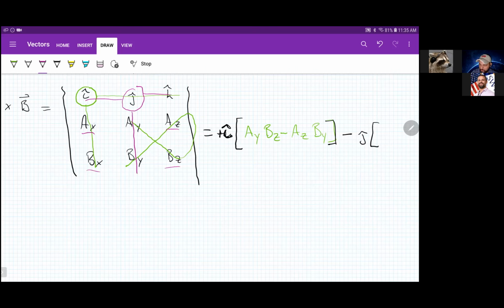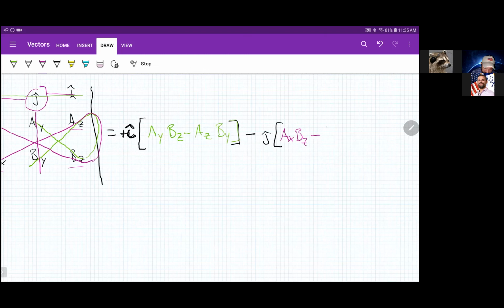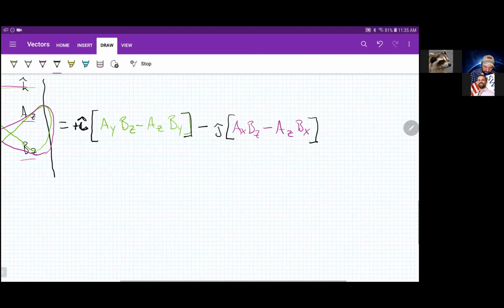We start on the upper left, AX times BZ, and we loop up, and then AZ times BX. So it's going to be minus AZ times BX. And there's another way to do this that I'll show you in a bit that some people prefer.